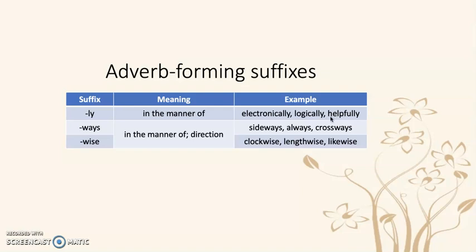And here we had helpful, which was an adjective, and then we added ly to the end of that and we got helpfully. Go ahead and look over the rest of these examples. And now you have come to the end of our lesson on word formation.